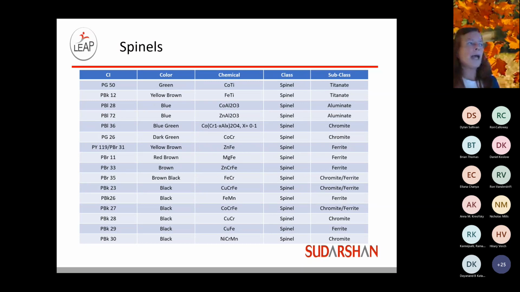Spinels have a larger variety of colorants in this category, with a larger variety of color as well. So here again, you can see the color index, the color, the metals that are associated with each one, and then of course the subclass. And this subclass contains all three of the subclasses that we just described.